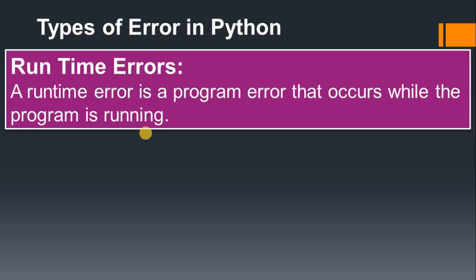The runtime error is, suppose you divide any number by 0, which is a common runtime error. In the output you get an error message, and because of that other statements also cannot run properly.